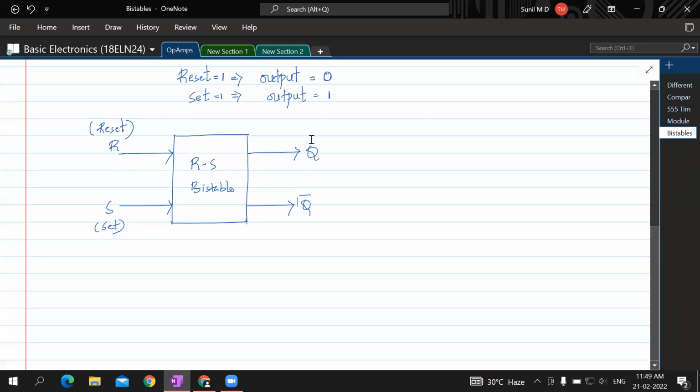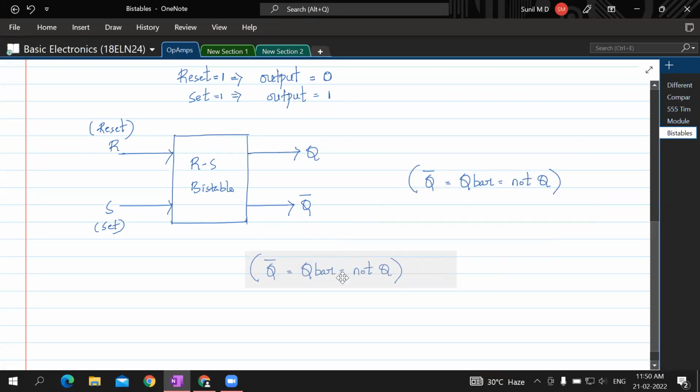So how are Q and Q bar related? If Q is 1, Q bar is 0. If Q is 0, Q bar is 1. That means they are complementary of each other, or they are inverts. So this is invert, not of Q. This has to be read as Q bar, and this actually is not of Q. Understand that?